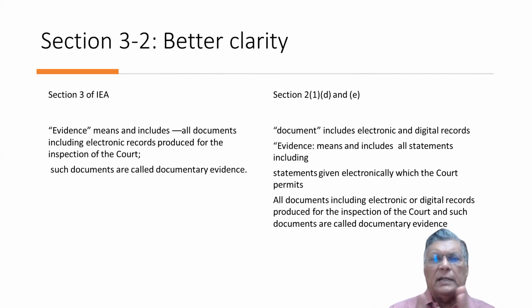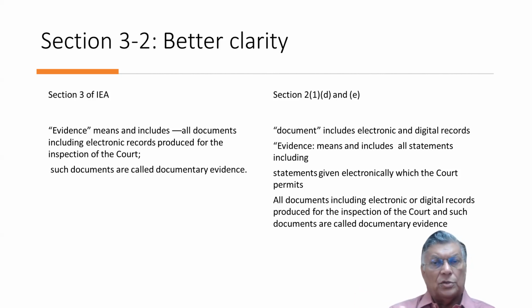Now, for better clarity, let us see whether there is any difference between the earlier sections and this. If you look at Section 3 of the Indian Evidence Act, it said evidence means and includes all documents, including electronic records, and such documents are called documentary evidence. Now, the definition section under the Bharatiya Sakshya Adhiniyam, 2(1)(d) and (e), says that document includes electronic and digital records.